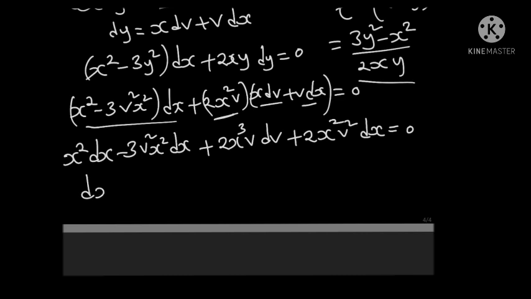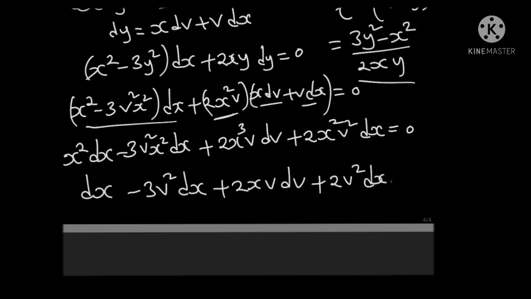So we have dx minus 3v squared dx plus 2xv dv plus 2v squared dx equals 0.